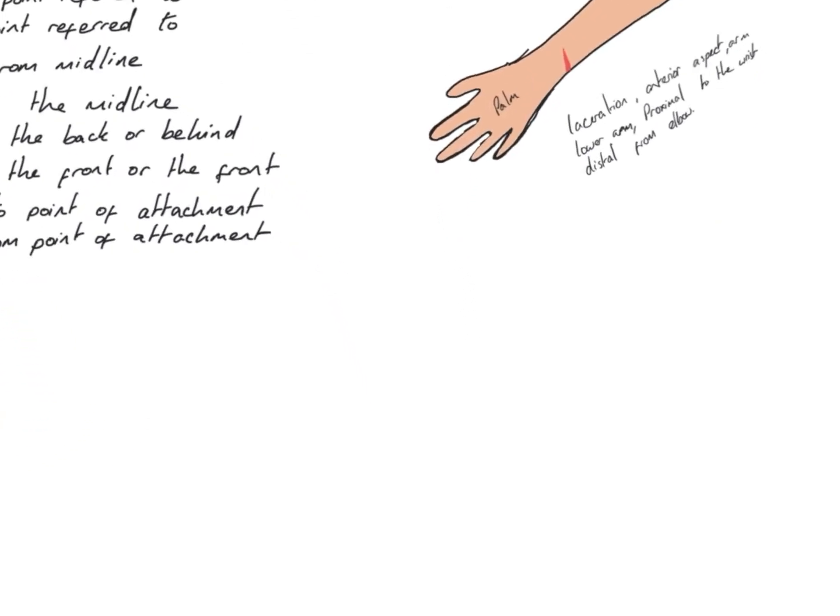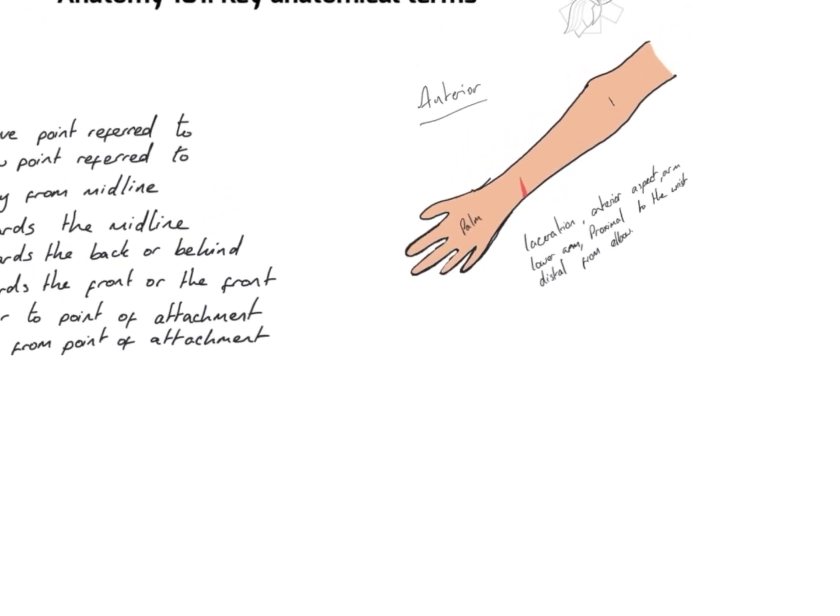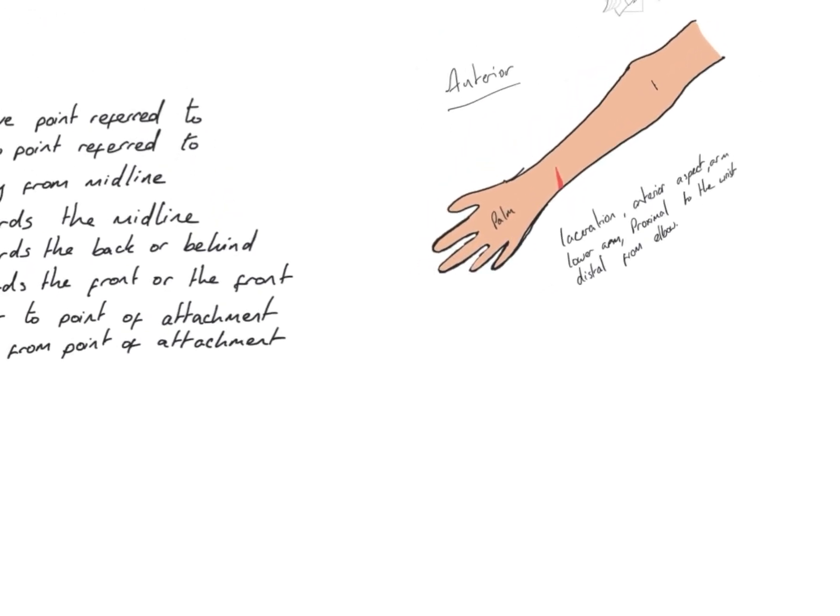So the next thing I just want to have a look at with you is another surface anatomical term, and that is actually looking at the abdomen. So how we look at the abdomen and how we decide whereabouts on a person's tummy an injury is.